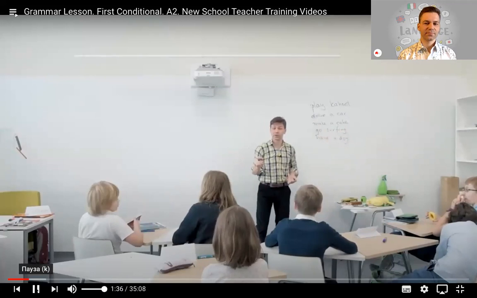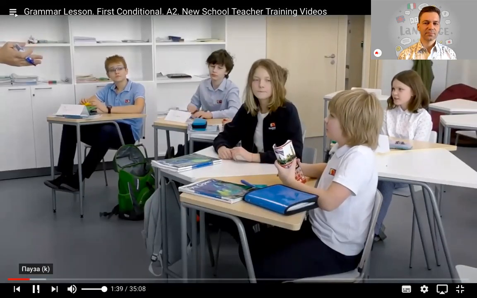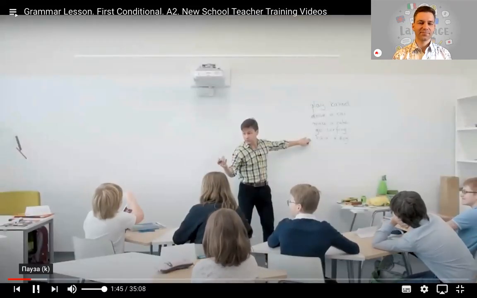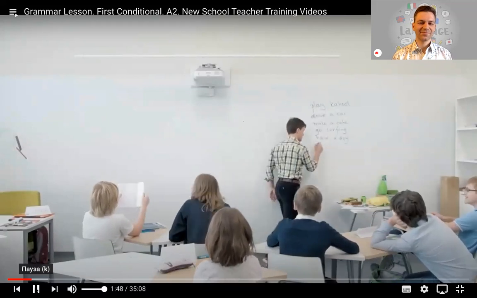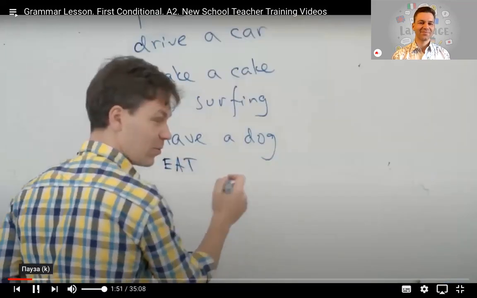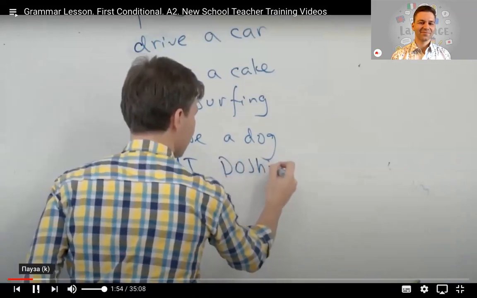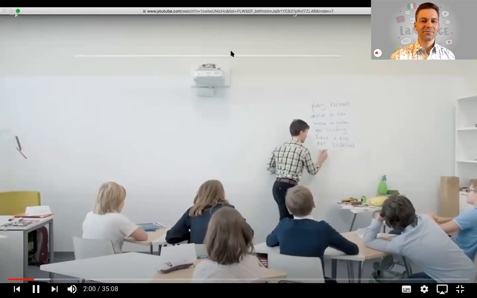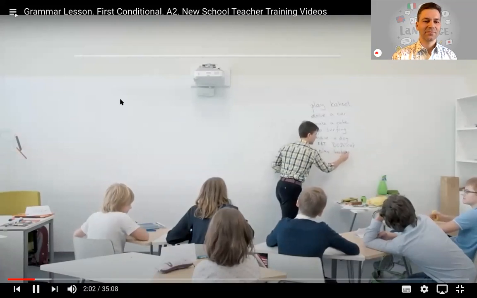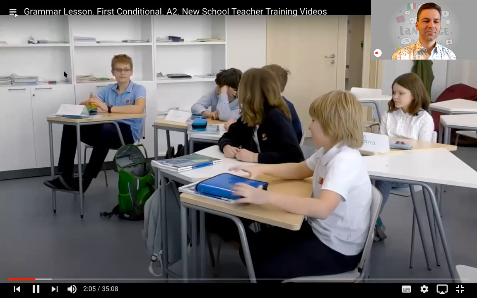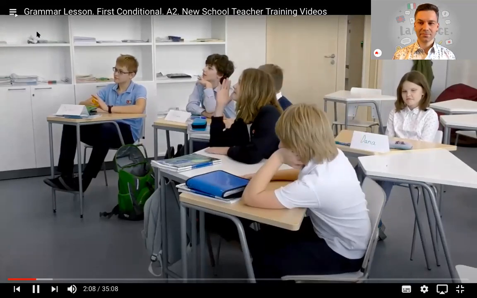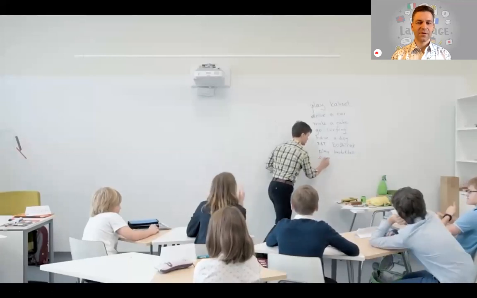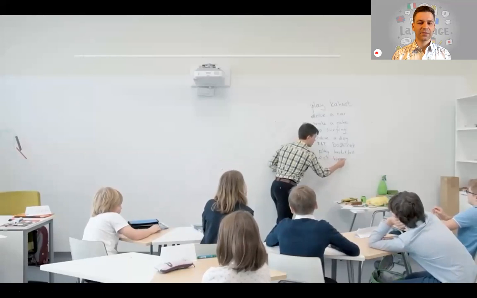What? You want a dog? Yes, you want to have a dog. What do you want? To eat doshirak? Are you that hungry? You want doshirak? Okay. Doshirak. Good. How about you? Okay. Yeah, mushrooms. How about you? Okay, so eat burgers. Burger. It's a burger. Nice.